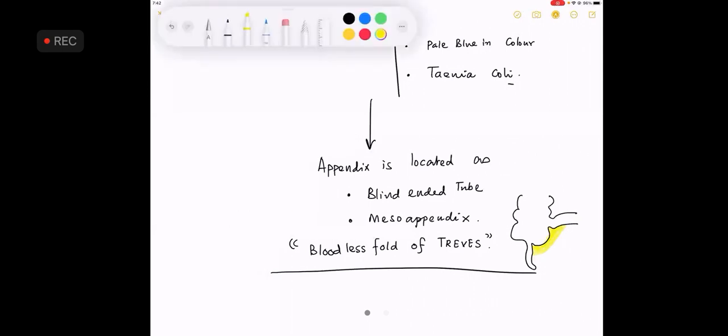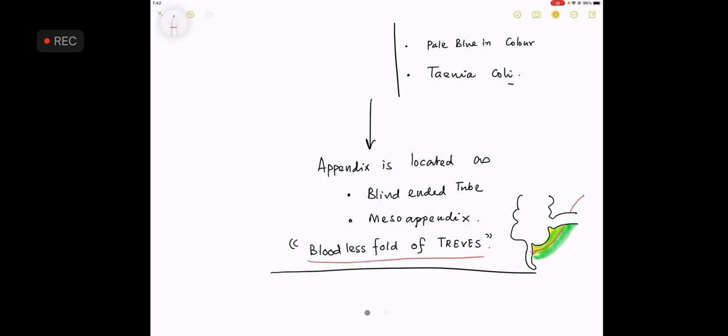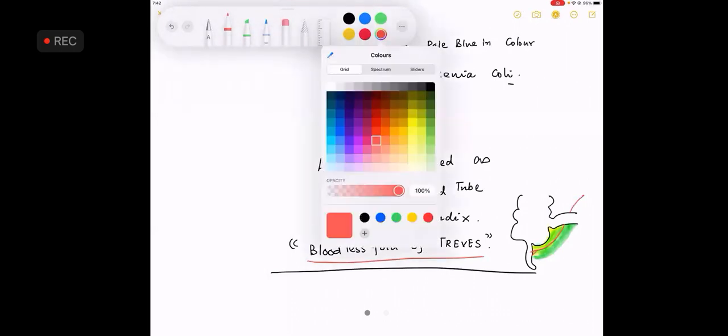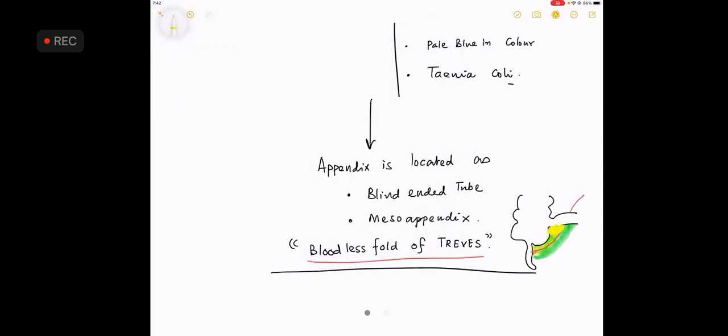If you lift the fold, then you will find a fold of peritoneum that is known to contain a branch of ileocolic artery. That is something called as the appendicular artery. So basically the bloodless fold of Treves is a fold that you get to see from the ileocecal junction. So it is exactly like this in a real world.